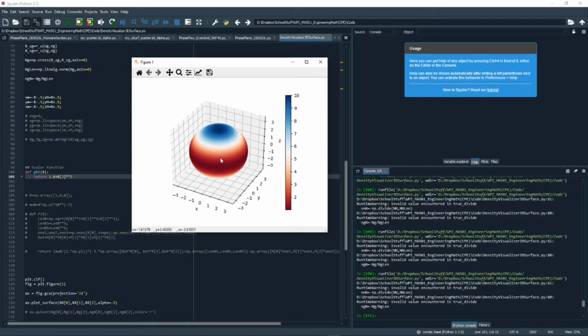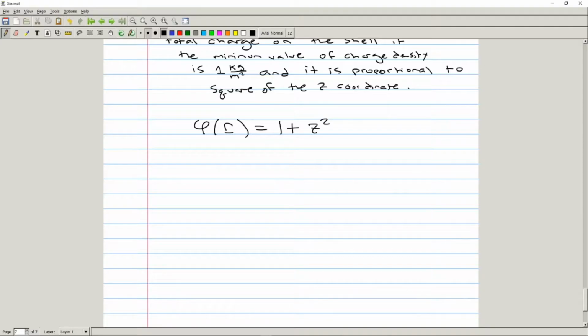So in this problem, we're looking for the total charge on this sphere. The total charge is going to be the surface integral over the surface S of this density function phi, or the surface integral of the function 1 plus z squared.